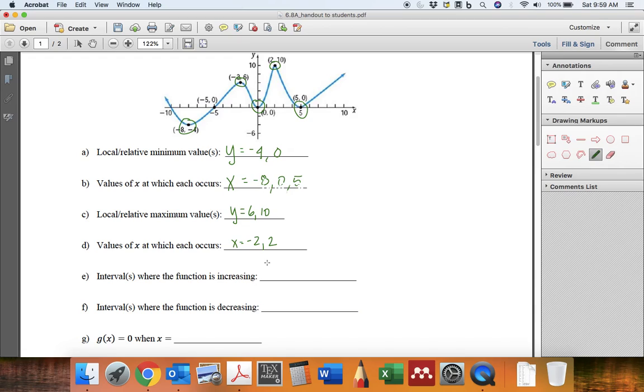The function's increasing from x equals -8 up to -2. And then we're increasing again from 0 up to 2, and then from 5 to infinity. So you're climbing.